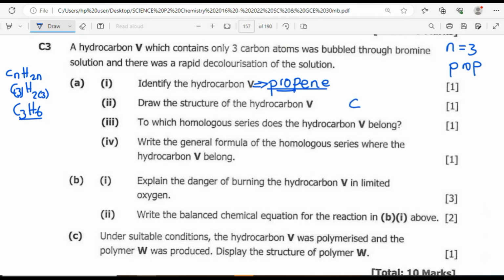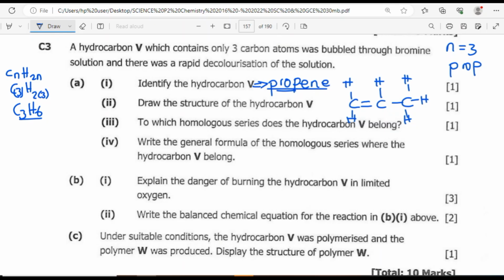So write 1, 2, 3. Whenever you're dealing with a structure, first begin by writing the carbon atoms. Then we are going to have a double bond. Make sure each carbon has 4 bonds. So 1, 2, 3, 4, 5, 6. So this is our structure.